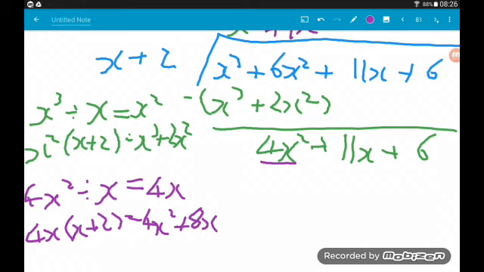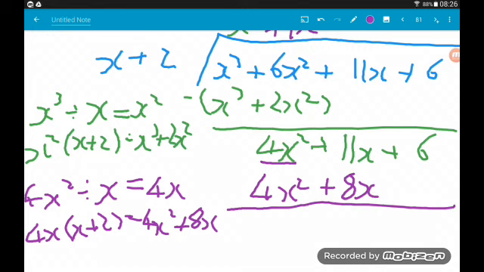So now we write that underneath our last green expression. So 4x squared plus 8x, and then we subtract the purple expression from the green expression.